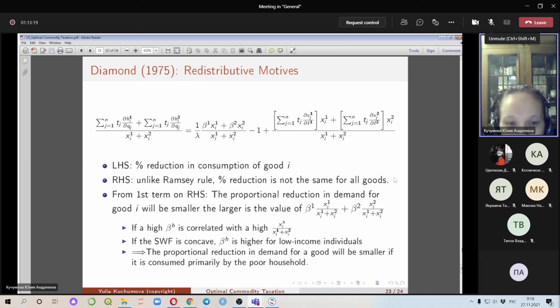This term is larger when a higher beta H is correlated with a higher x_iH. If the social welfare is concave, meaning that we care about redistribution, then beta H is higher for low-income individuals.